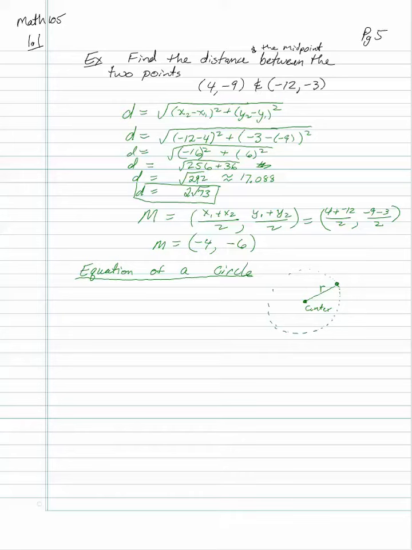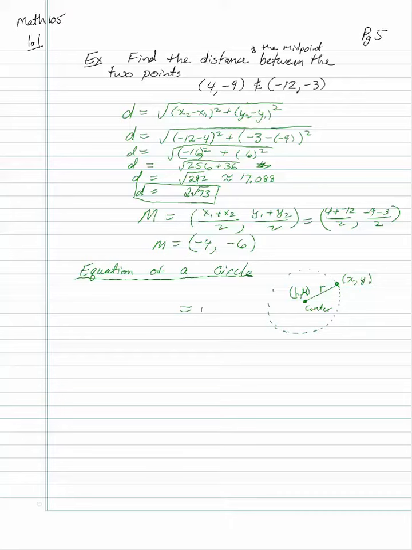And it turns out that we just use the distance formula for this. So again, it's Pythagorean Theorem in disguise. So we're going to make that the variable x, y. h, k is the specific point for the center. So if I use the distance formula for this, r is the distance.